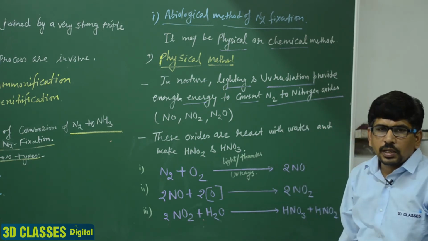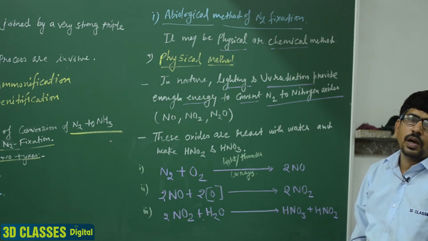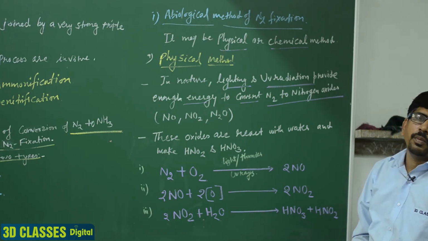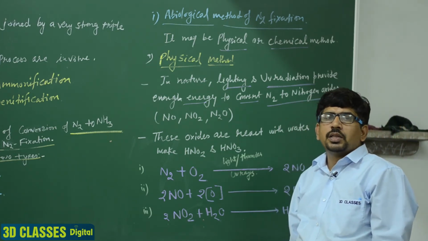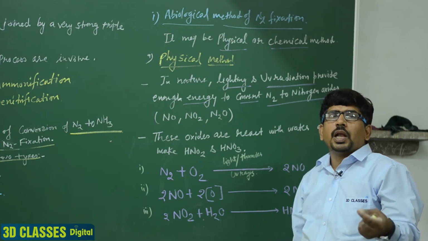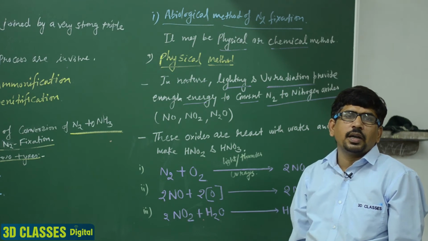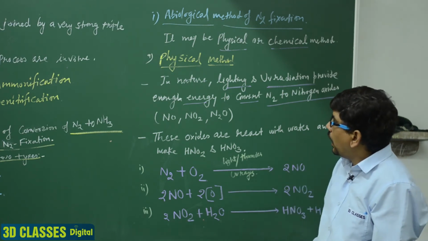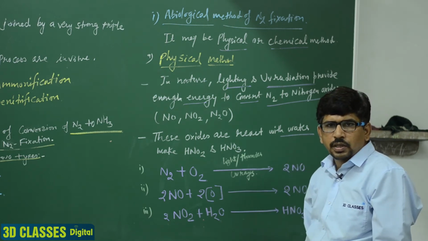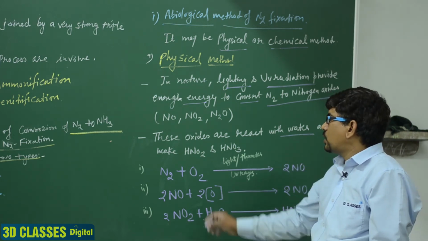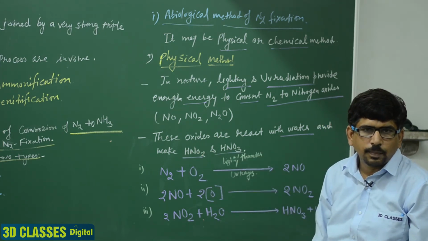It means in this type of fixation NH3 ammonia is not formed, but the oxides are formed. These nitrogen oxides, with the help of water, enter the soil and make nitrate and nitrite ions. Clear? These oxides react with the rainwater and make HNO2 and HNO3.